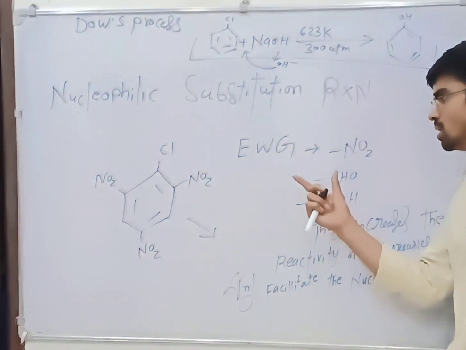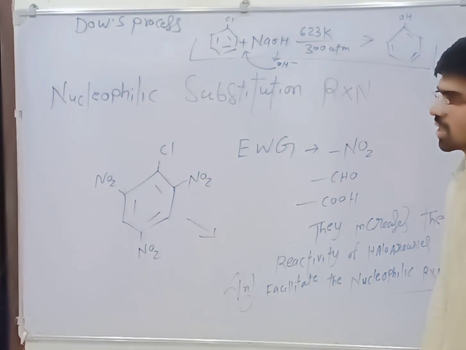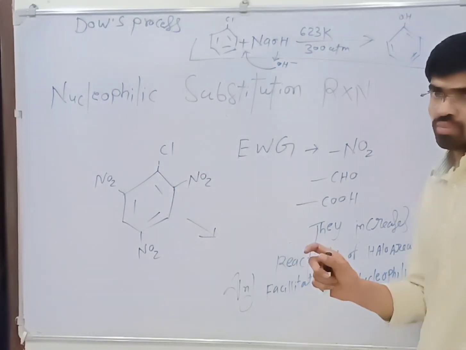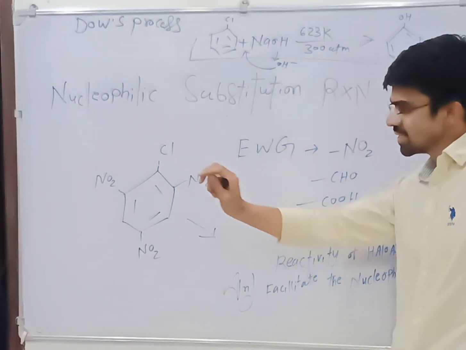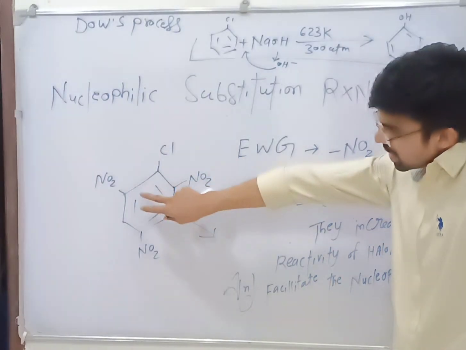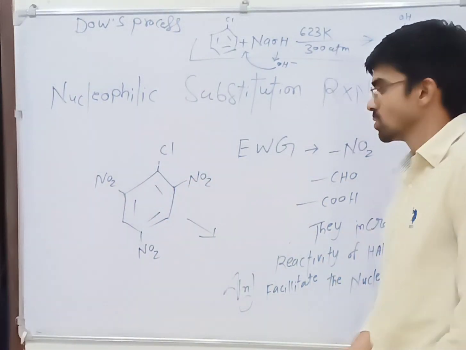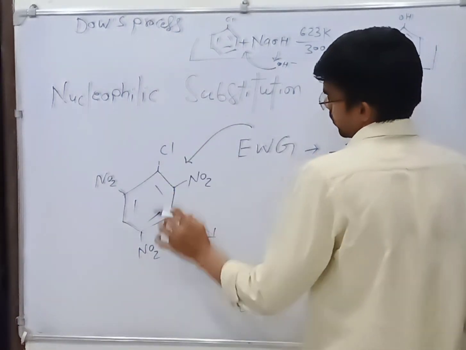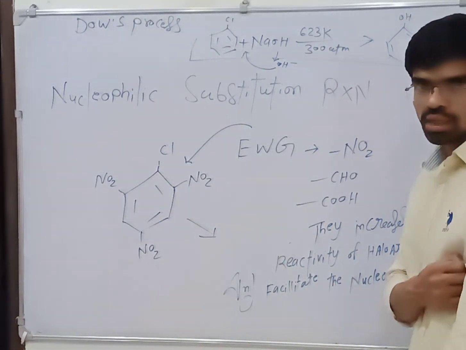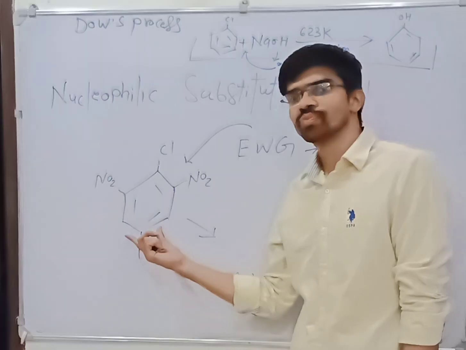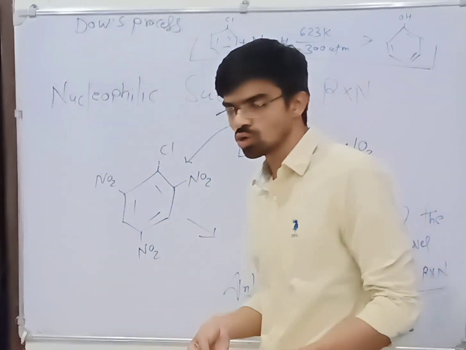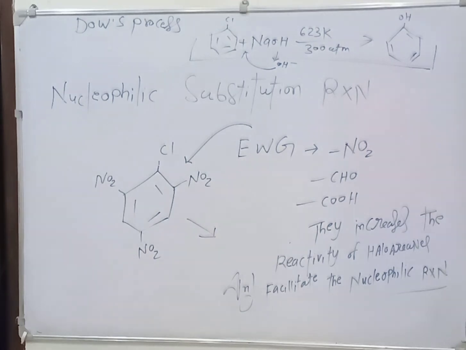But when the electron withdrawing groups are attached at ortho and para position only, not at meta position, because electron density is maximum at ortho and para positions, they reduce the electron density of the haloarenes and facilitate the nucleophilic substitution reactions. Okay.